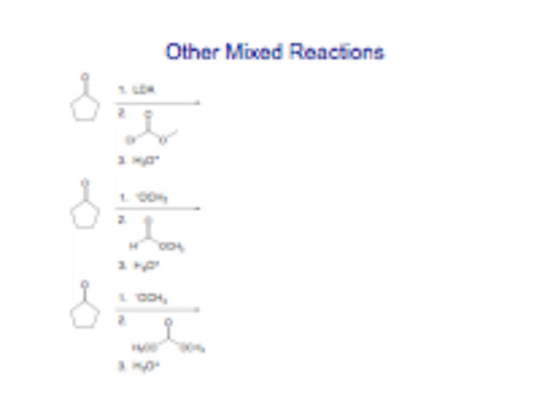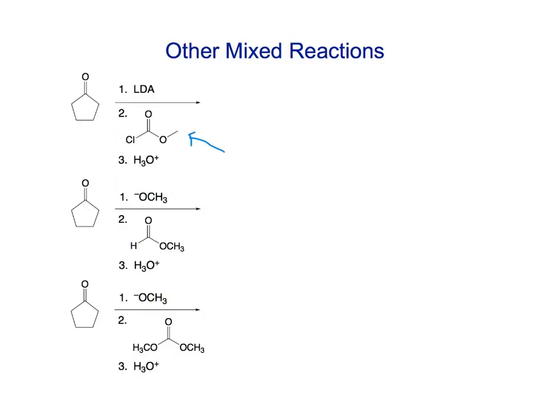Okay? In the top one, look at this electrophile. So this is like an ester, but it's also an acid chloride. Okay, so this is called methyl chloroformate. And because that chlorine, the acid chloride component of this, is the best leaving group, we can get this to add or just substitute one time.